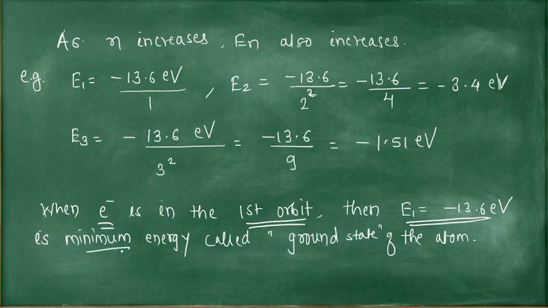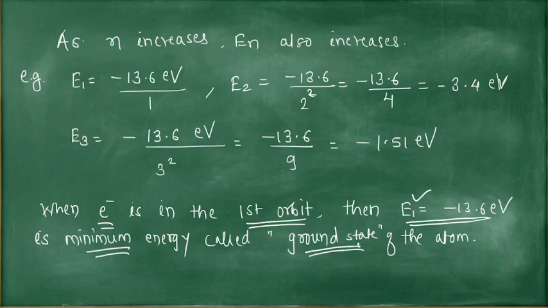It is the minimum energy because this is the first orbit. Since the energy of the outer orbit is greater than that of the inner orbit, obviously E1 is the minimum energy. And this energy state is called the ground state of the atom.